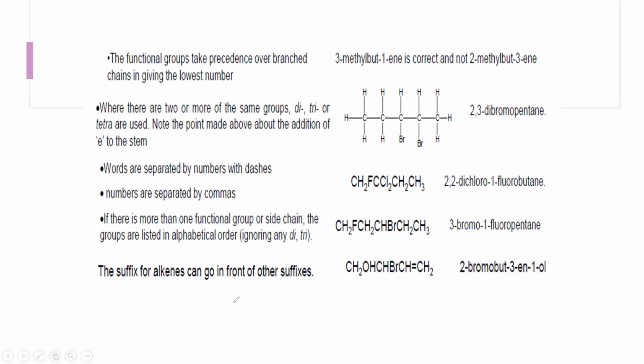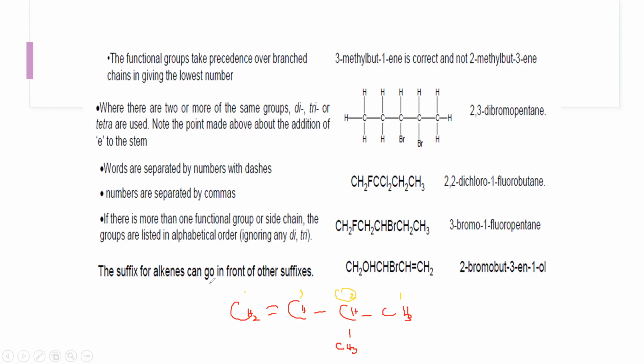Numbering should start from the nearest functional group. If I number from the right-hand side, 1, 2, then at the second position I have a branch.